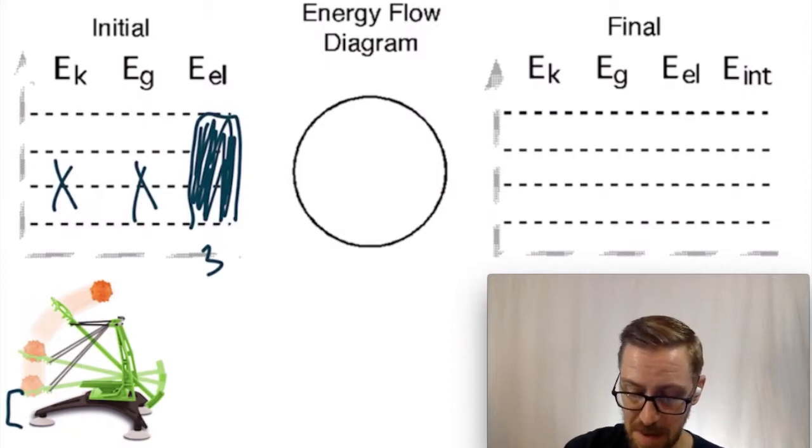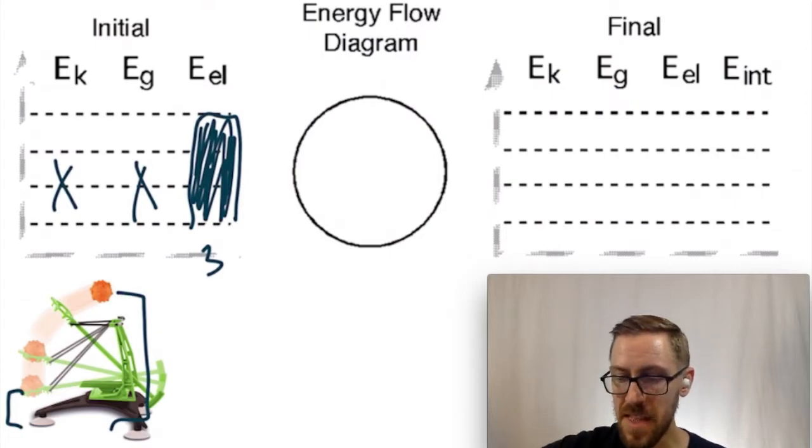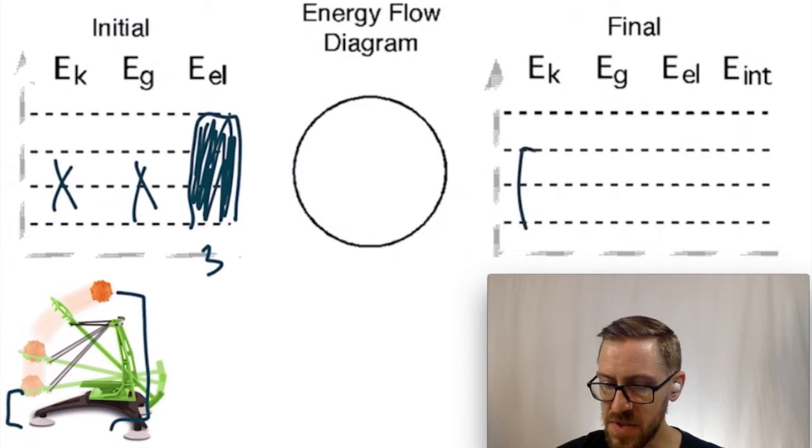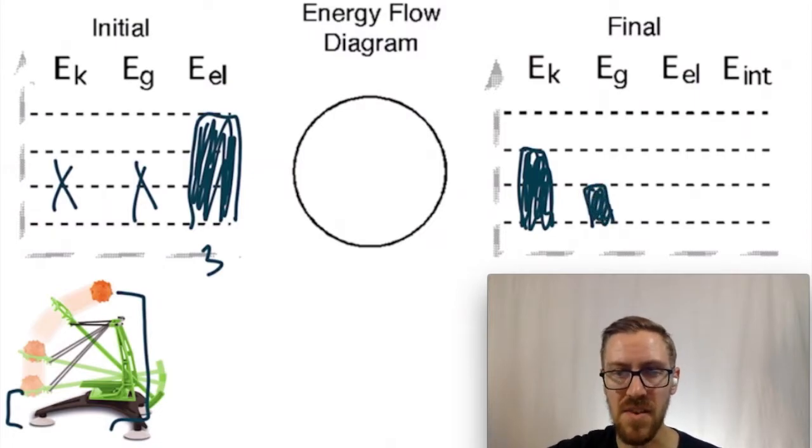Now, once the catapult's released, you can see we have some height here. The ball is off the ground, so we're going to need something in this category. And it's moving, so we're going to need some in this. And this is where that flexibility comes in. If you want to say that this has 2 boxes of kinetic and 1 box of gravitational, because it's off the ground and it's moving, I'll take that.